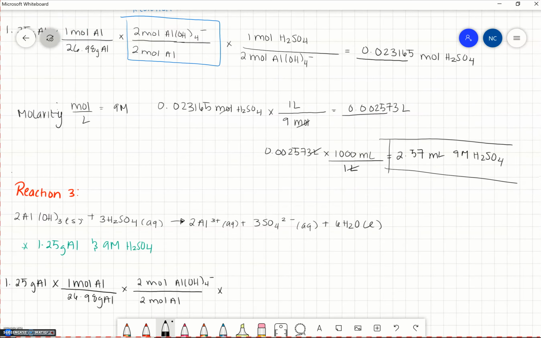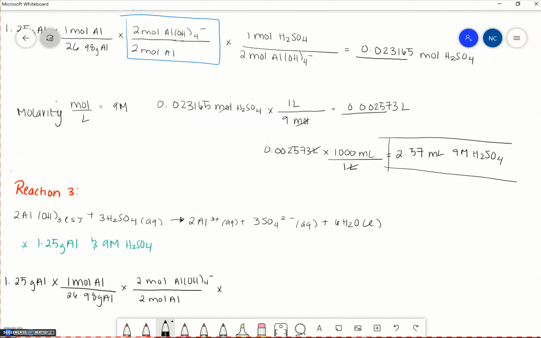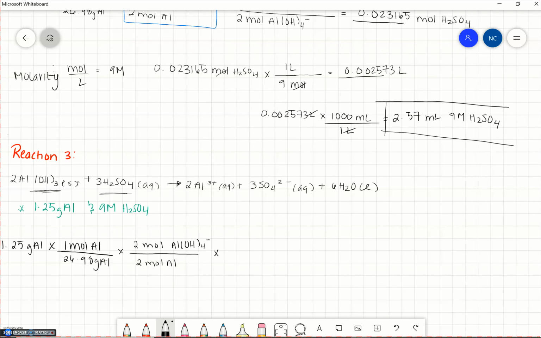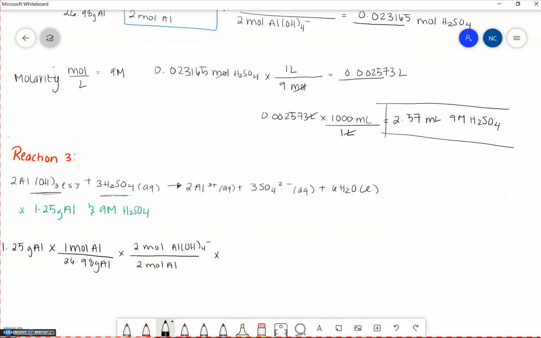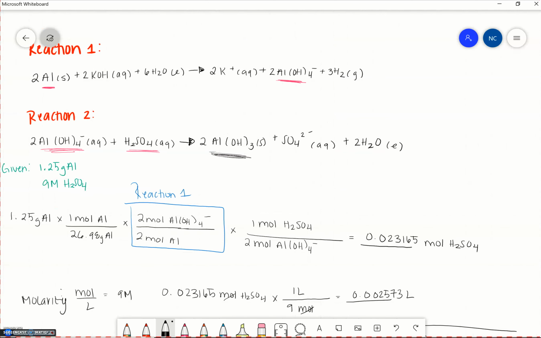That way, when we go to reaction 3, we have aluminum hydroxide 3, and we can go to sulfuric acid here. So we're going to multiply by 2 moles of aluminum hydroxide 3.